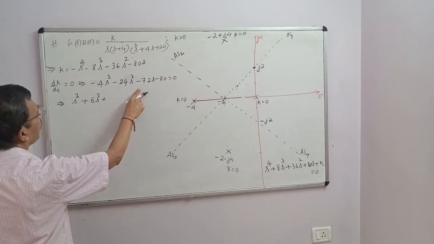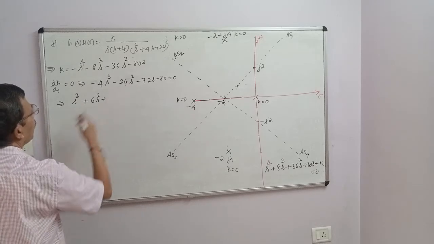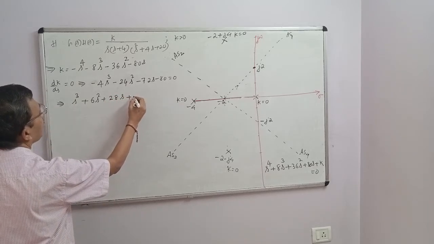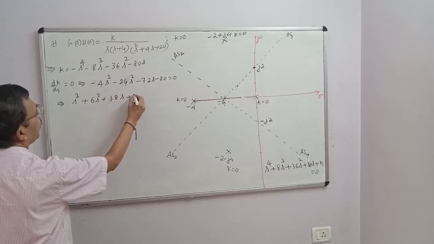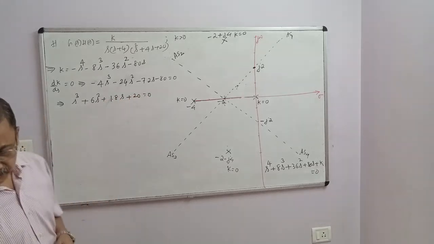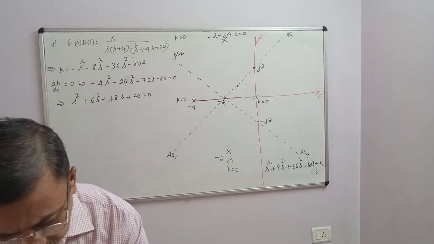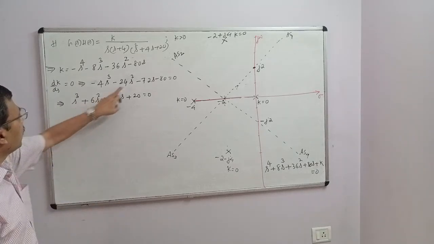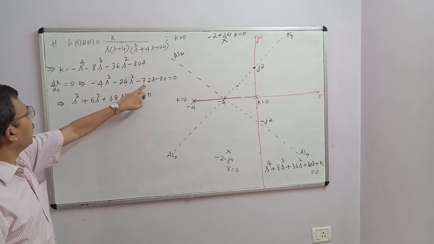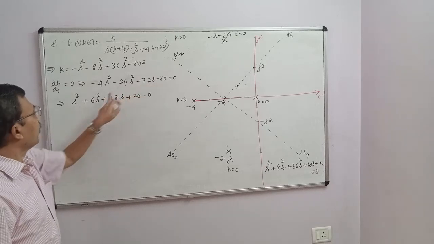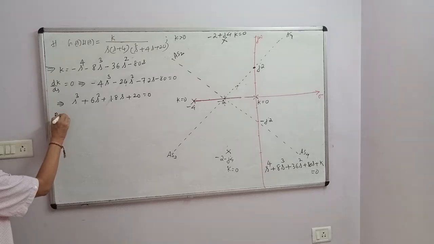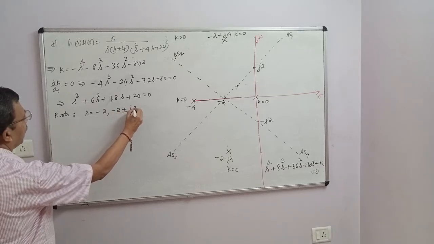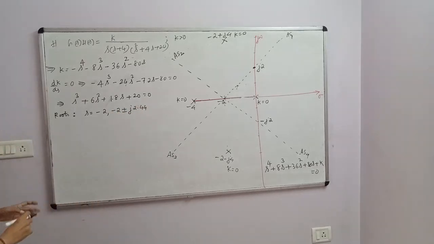If you divide by 4, you get s to the power 3, 24 by 4 is 6, 72 by 4 is 18, 80 by 4 is 20. So s cube plus 6s square plus 18s plus 20 equal to 0. The roots of this equation you find. If you find the roots, you get s is equal to minus 2 and minus 2 plus minus j 2.44. These are the three roots.